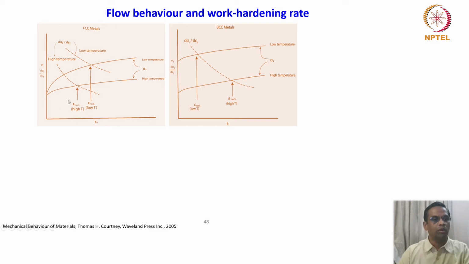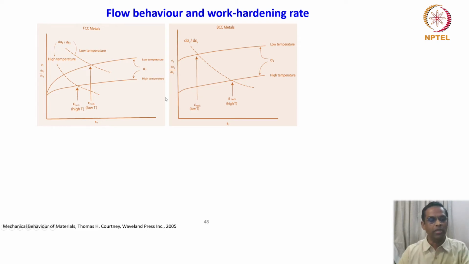Before we look at the description of this, let us look at this. This is a similar plot for BCC metals, and again you are seeing the stress strain response at two different temperatures. The primary purpose of this slide is to show the kind of difference the two classes of material exhibit.